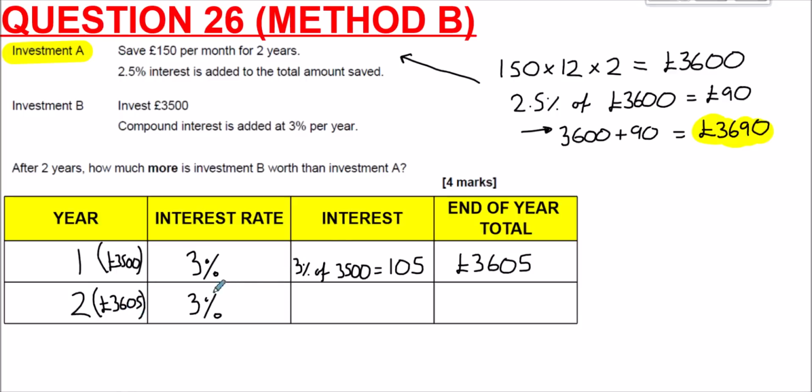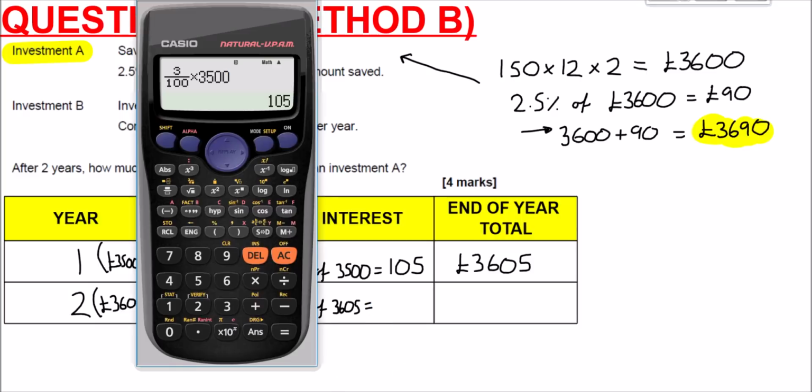So now the interest for year 2 will be this percentage, but now of this bigger amount. So we're talking now of 3% of 3,605. So the same percentage, but this time of a slightly bigger amount. 3% of 3,605 comes to £108.15.